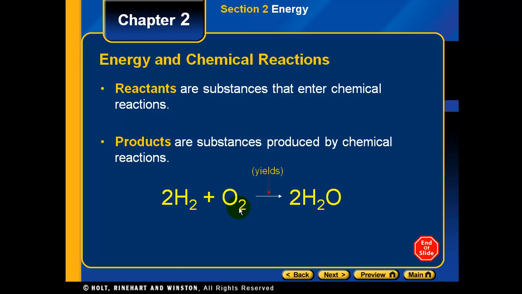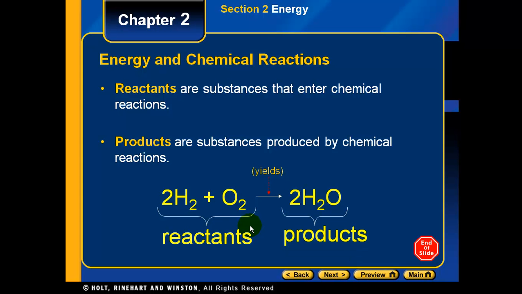So if I give you an equation of two molecules of hydrogen plus oxygen yields, that's what you say for the arrow, two molecules of water. The reactants are on the left side of the arrow. That is what is needed for the reaction to occur. Water is the product, and that is what was produced by the chemical reaction.